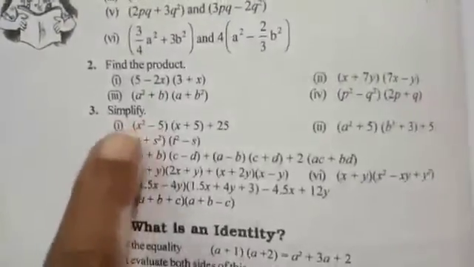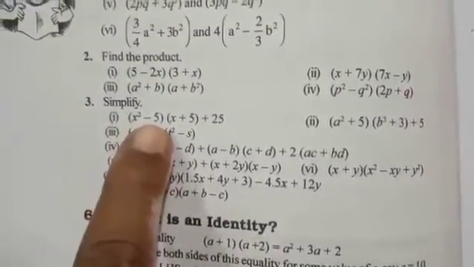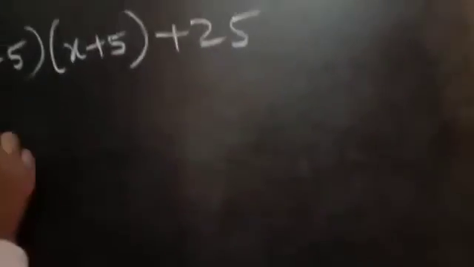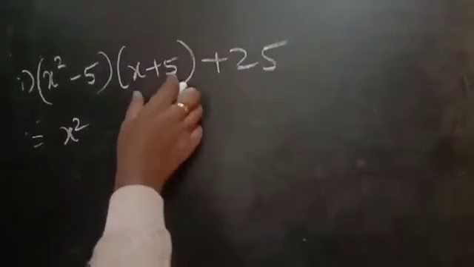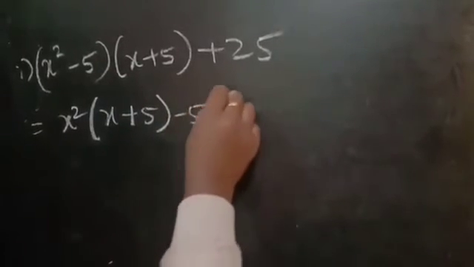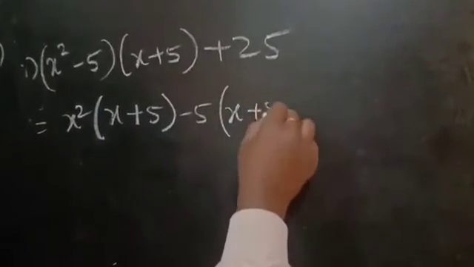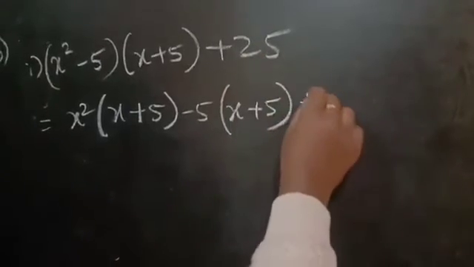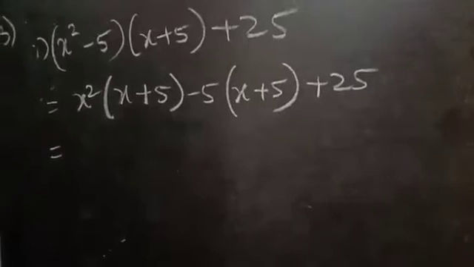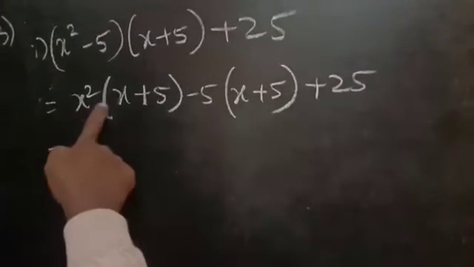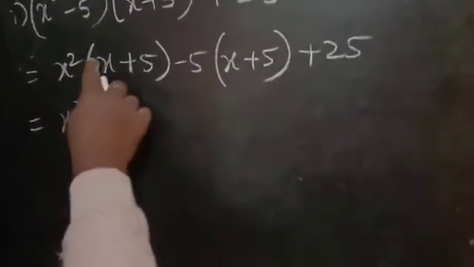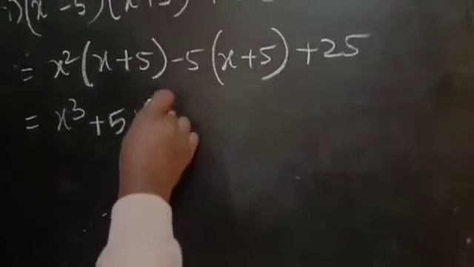Third one, simplify. First is (x square minus 5)(x plus 5 plus 25), as given. So we have to multiply x square along with this, and then minus 5 into x plus 5 plus 25. So x square into x is x cube, plus into plus, plus; x square into 5, 5x square.